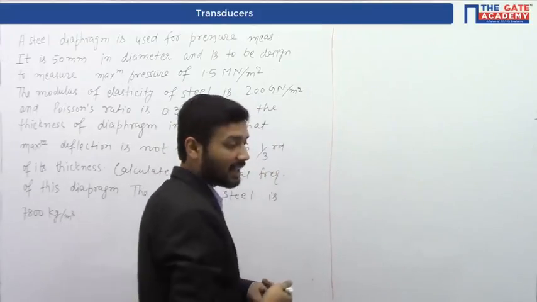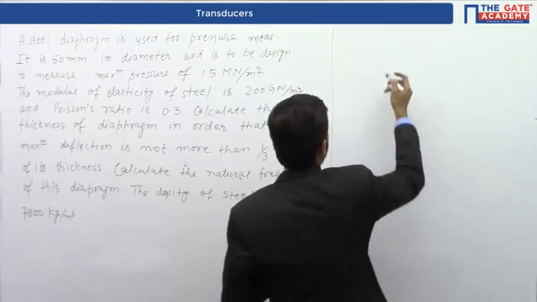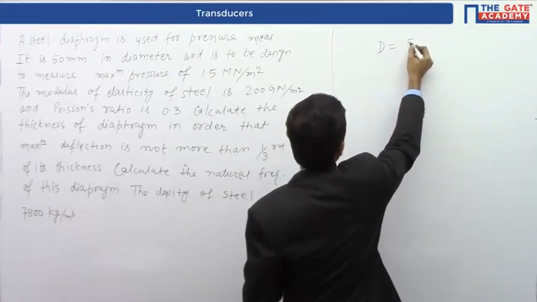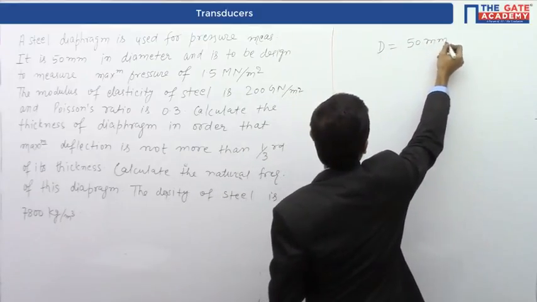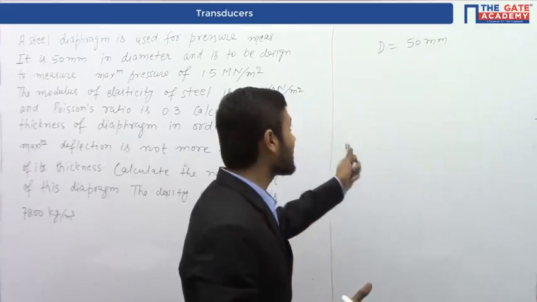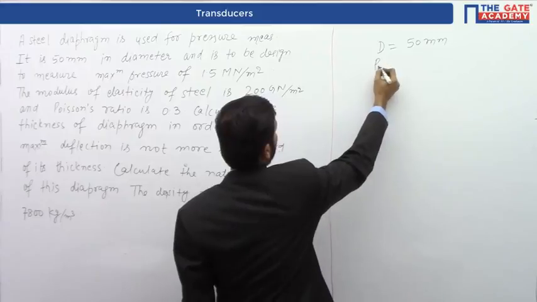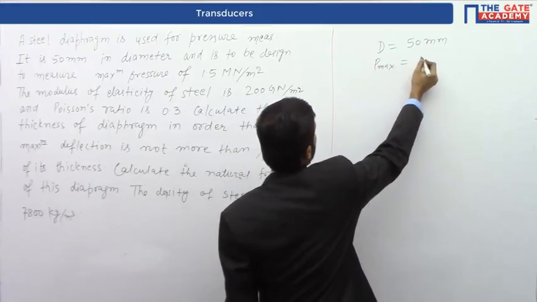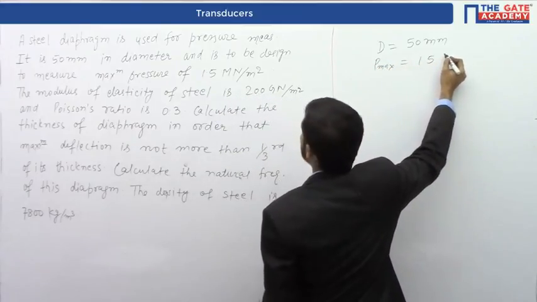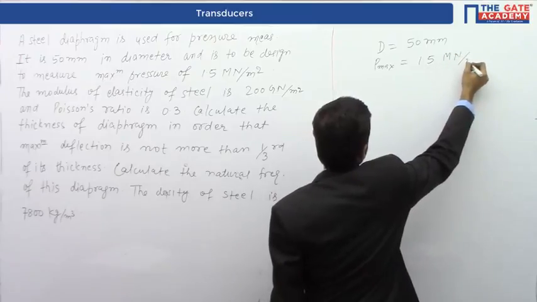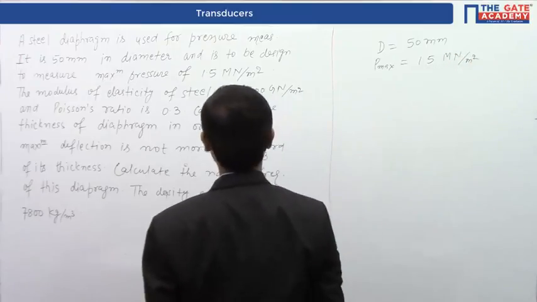So our given data is the diameter of the diaphragm, which is given as 50 millimeter, and the maximum pressure Pmax, given as 1.5 MN/m².